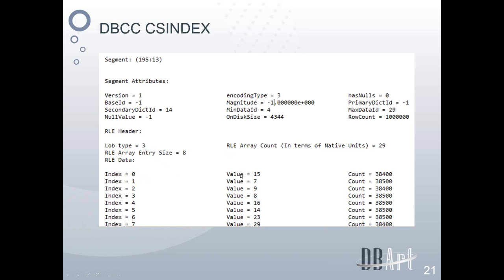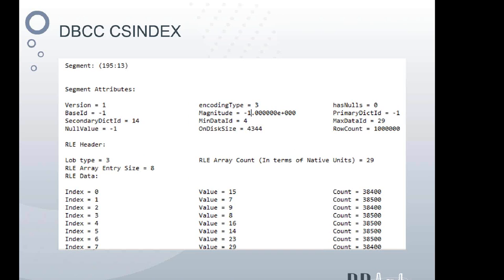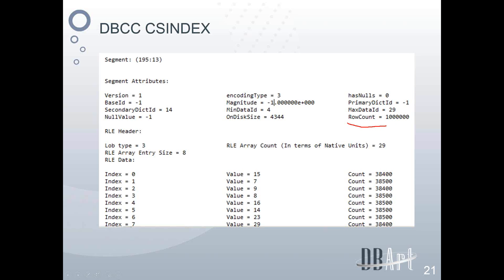We can see that value 15 has a count of 38,400 rows. So for a single value, if we go to the Management Studio query, we can see that this single page encodes as much as 1 million rows, a single page. We can't even dream of it with the traditional indexes.